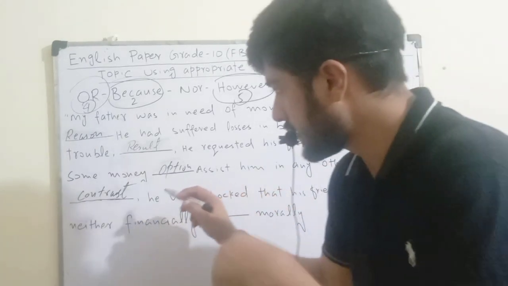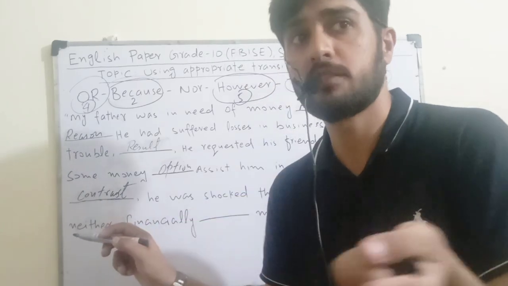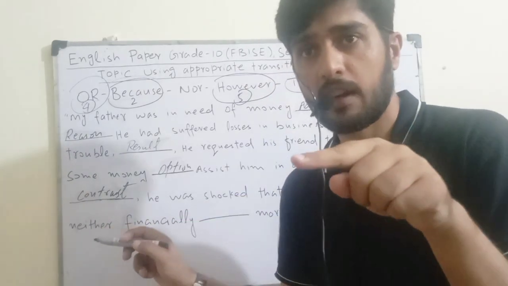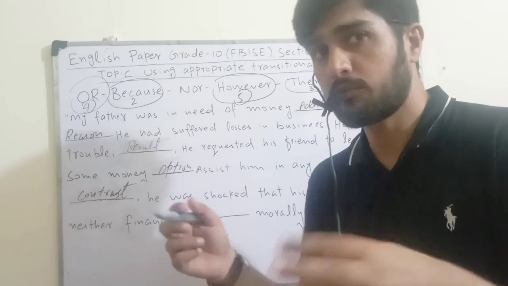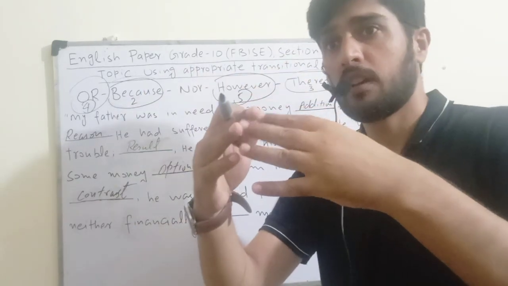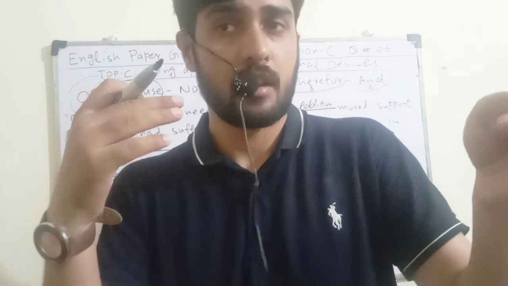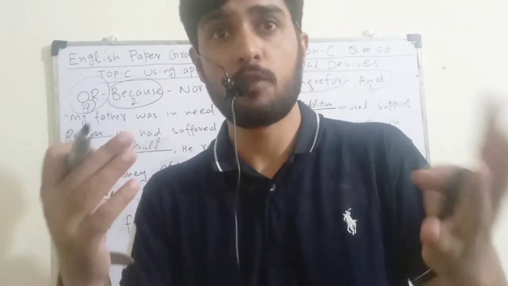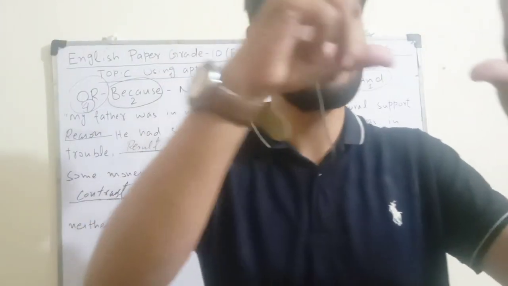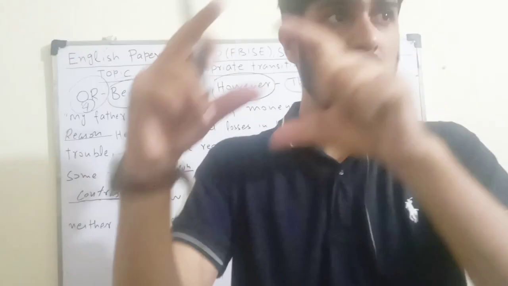What he expected for help, and what was the result? There is a contrast between what he got from there, the result, and what he expected. There is a contrast between expectation and the result.